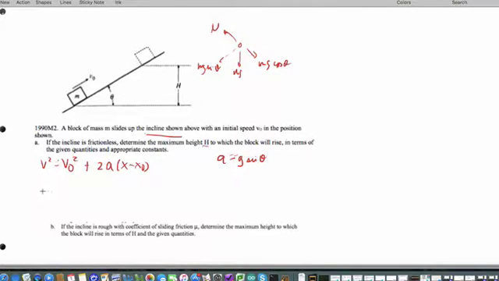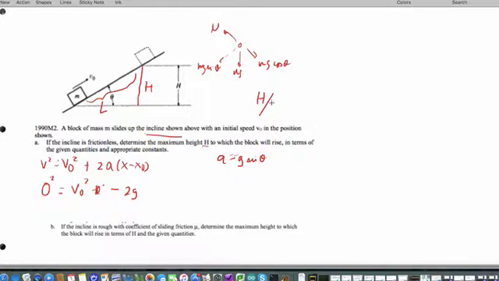So we launch at a speed v naught, and at the top we reach 0 for our speed. So 0 equals v naught squared minus 2g sine theta times x. Now let's be clear. This is h, and this is the actual distance we cover.